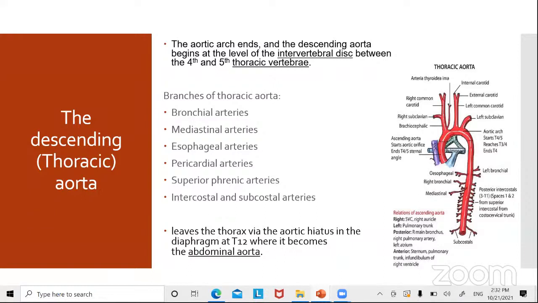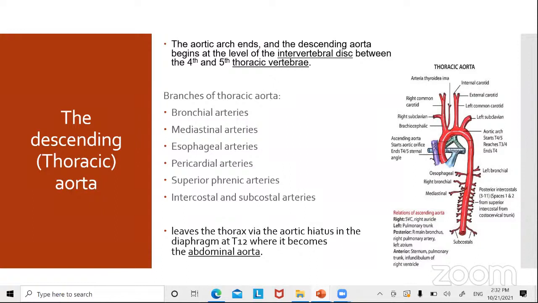The aortic arch ends and the descending thoracic aorta begins at the level of the intervertebral disc between the 4th and the 5th thoracic vertebra. The thoracic descending aorta gives rise to many branches: the superior and inferior left bronchial arteries, and variable branches to the esophagus, to the mediastinum, and to the pericardium.